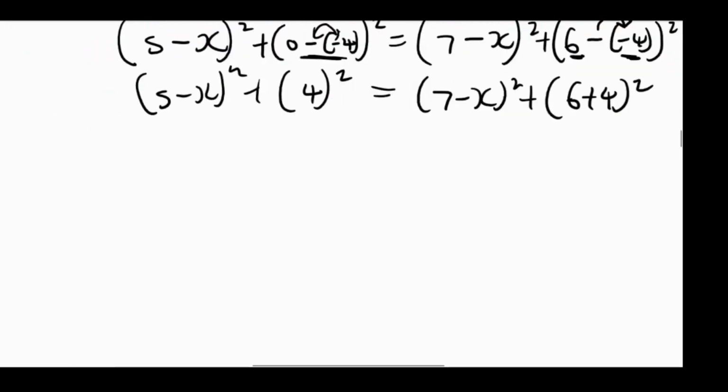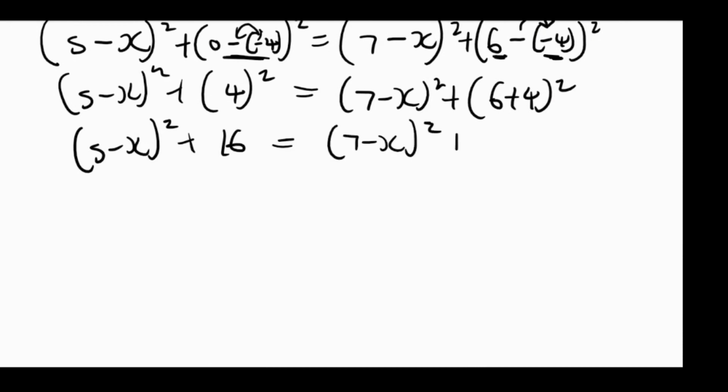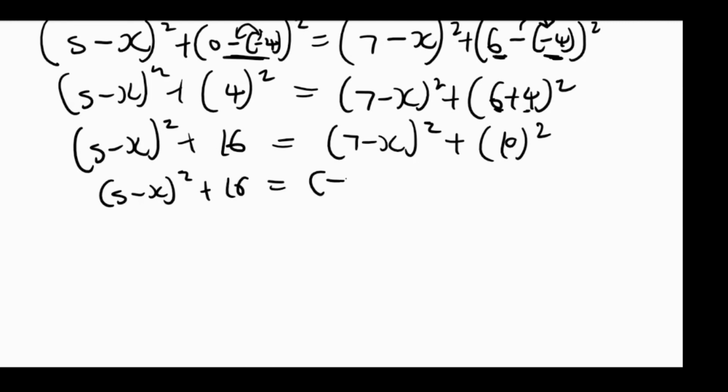Remember we're trying to find the x value of P. So we're going to have 5 minus x squared plus 16 equals 7 minus x squared plus 10 squared, which is 100.